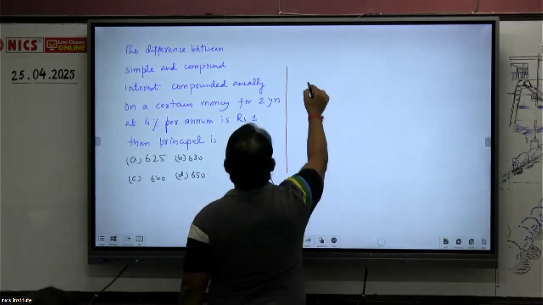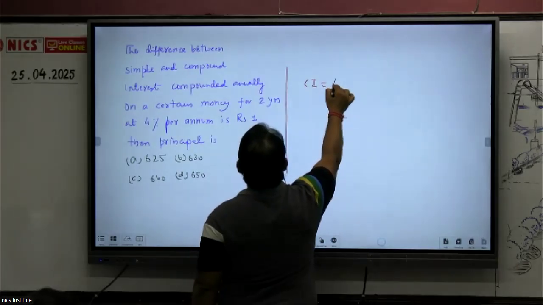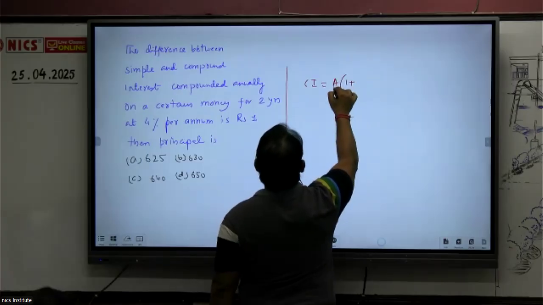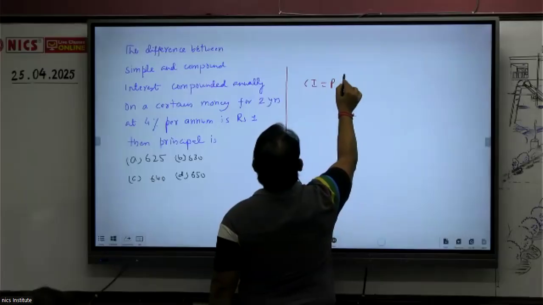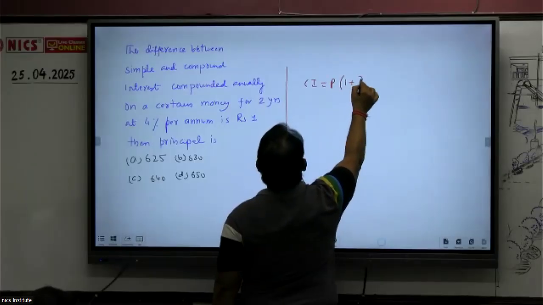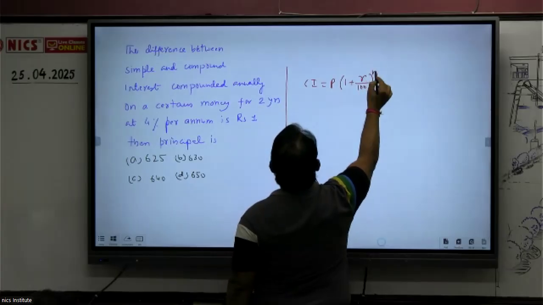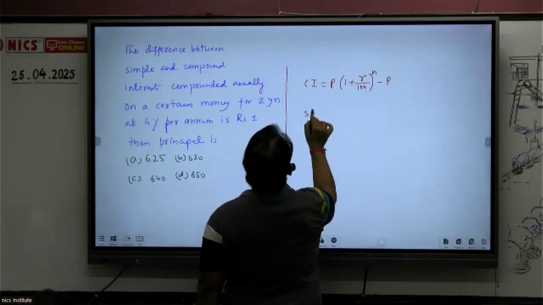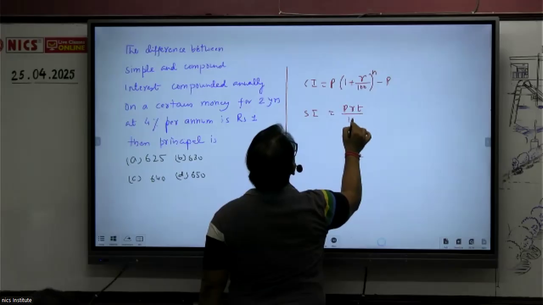You all know that compound interest is always more. Compound interest is always more than the simple interest. So compounded will be P into 1 plus R compounded annually like this minus P. Whereas simple interest would be PRT by 100.